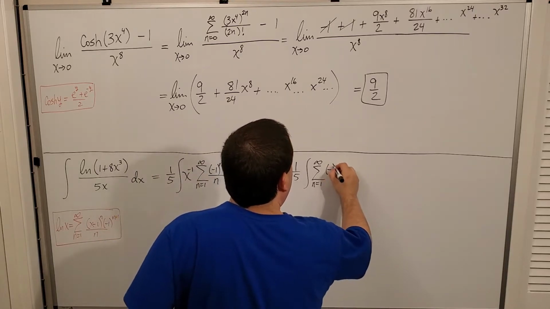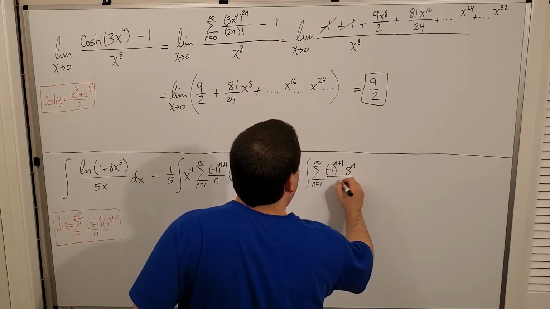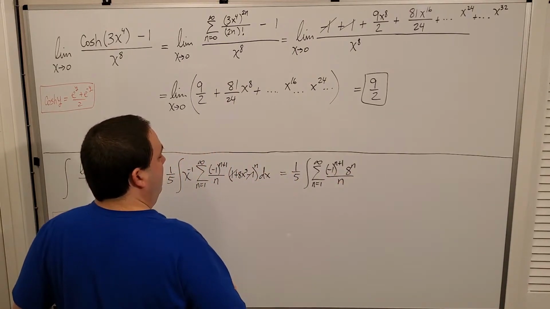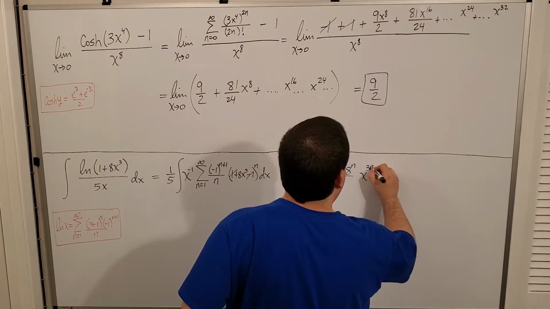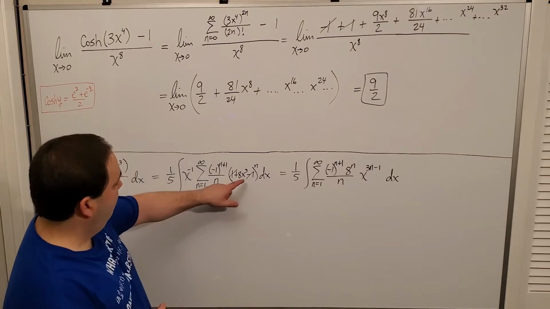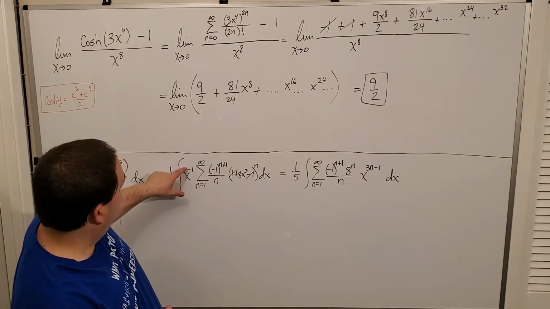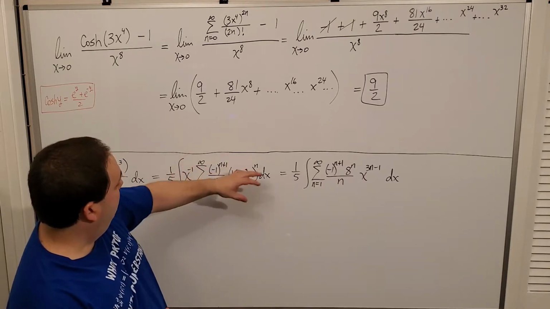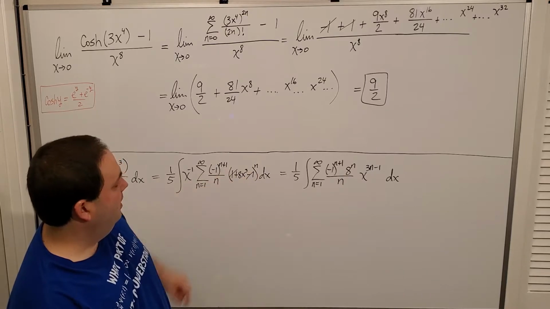I've got -1 to the n plus 1 times 8 to the n all over n. And then I'll have x raised to the 3n minus 1 dx. So I have x to the 3n, because of power to a power you multiply them. And then I've got the extra minus 1 that I'm multiplying into it. And then I also have the 8 to the n that comes out there.